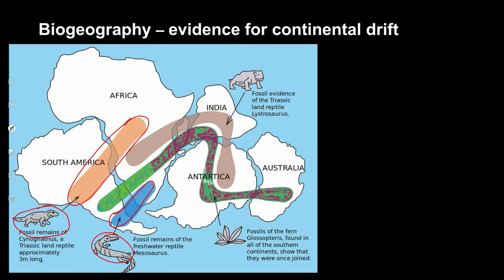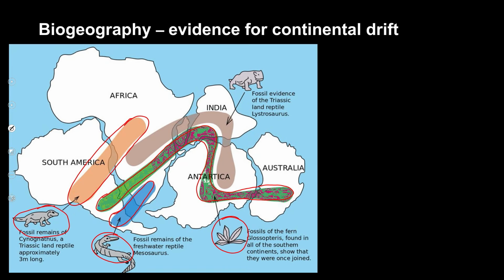But then, even more interesting, some of the other distribution of certain living things shows, if we look here, this is where we find fossils of a particular very, very interesting fern, and it's found in South America, Africa, India, Antarctica, and Australia.